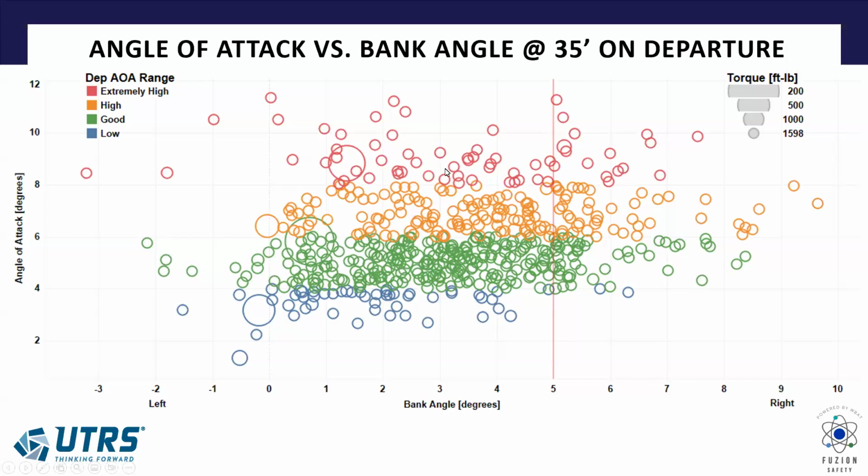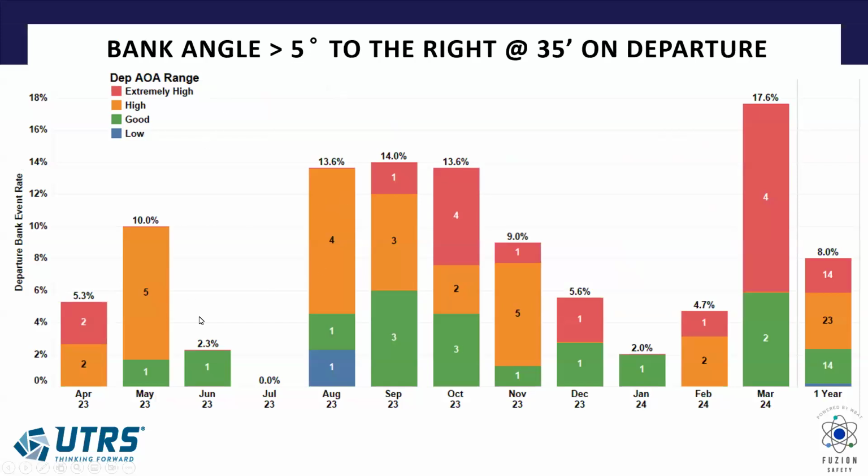In the next chart, we just look at how many we had each month, and then for a whole year. This is the way we do a lot of our statistical analysis. We look for triggered events, look to see if there's seasonal patterns or issues at particular airfields, and then track it over time and see if we're getting better.